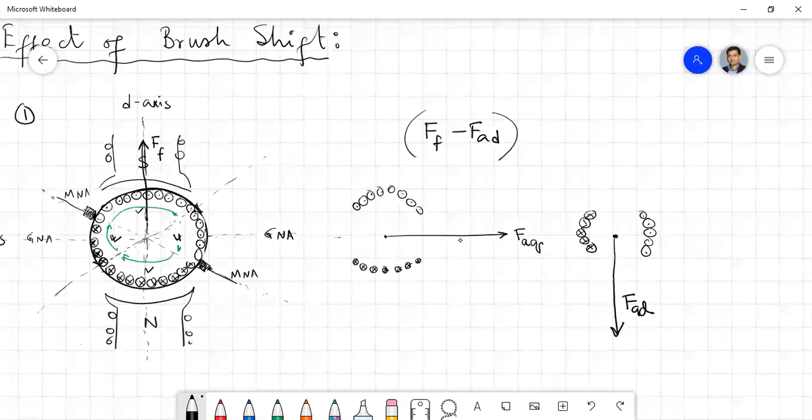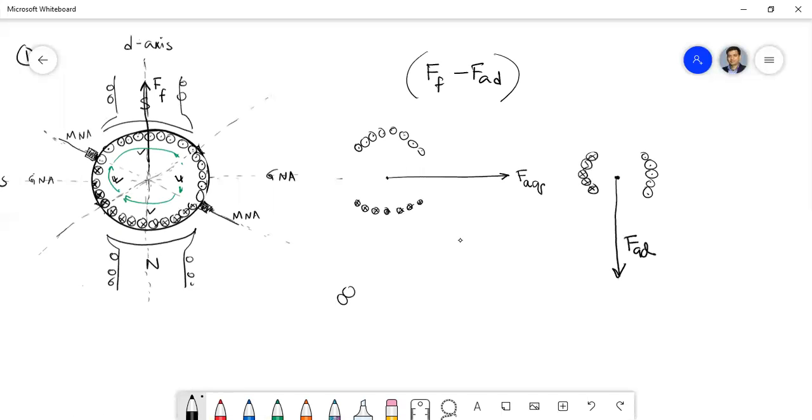If there is no shift, so that means you have only two regions, and all the upper half is dot and all the lower half is cross.